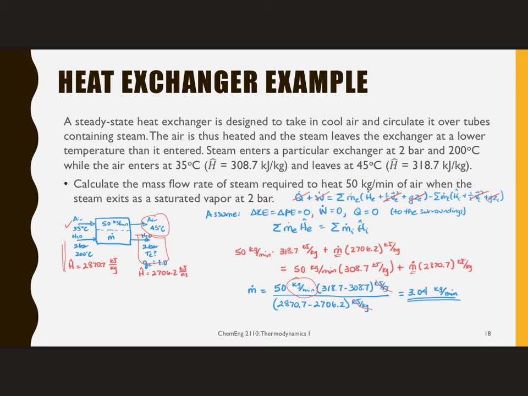It is also possible to do this in another way where you break this up and look at the air side as a system and find the amount of heat transfer going in or out of that air, and that then would be equal to the amount of heat transfer going in or out, opposite sign, for the other. And I could split this into two separate equations if I prefer.